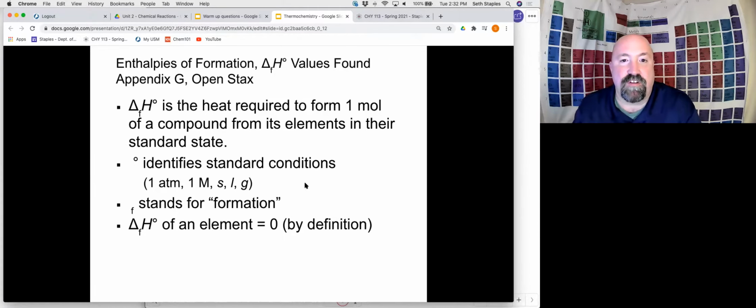And so we have to have an equation that represents formation of 1 mole of NaCl, which means we would have to put a half right here to balance this. And so this equation would represent the enthalpy of formation of NaCl.